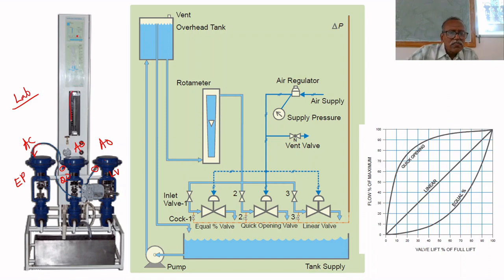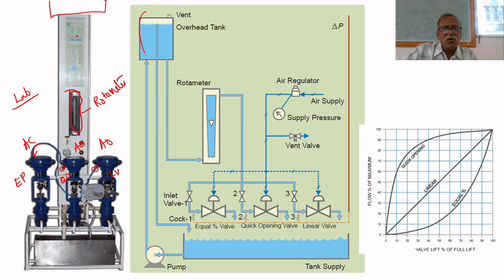Here, this is the rotameter. To know how much flow rate is through the valve, there is a rotameter. This arrangement can be seen in this flow diagram. This is the P&I diagram. Above this, one overhead tank is there.